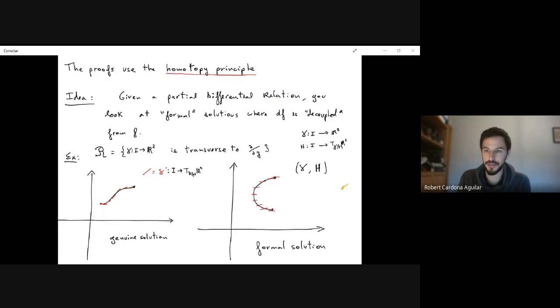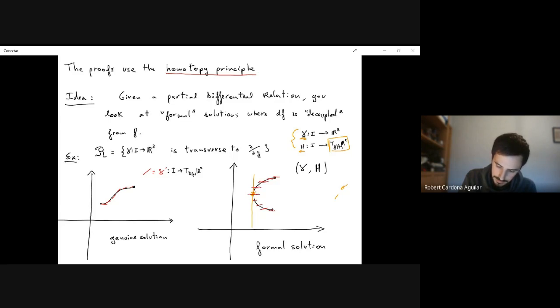This is not a solution for sure, because if you look at this point, this is tangent to partial y. So this pair is not in this space. It's not a solution, this path, sorry. But instead of looking only at gamma, comma, gamma prime, I look at pairs which are decoupled. I look at a path gamma and an injection H which sends each point on my interval to a tangent vector in the plane. This is what I draw here in red.